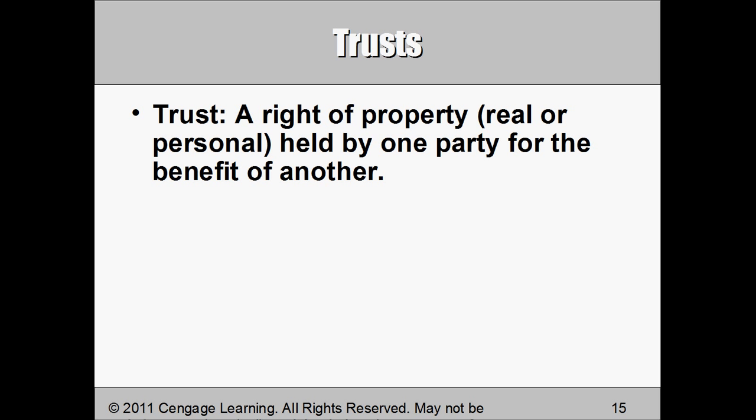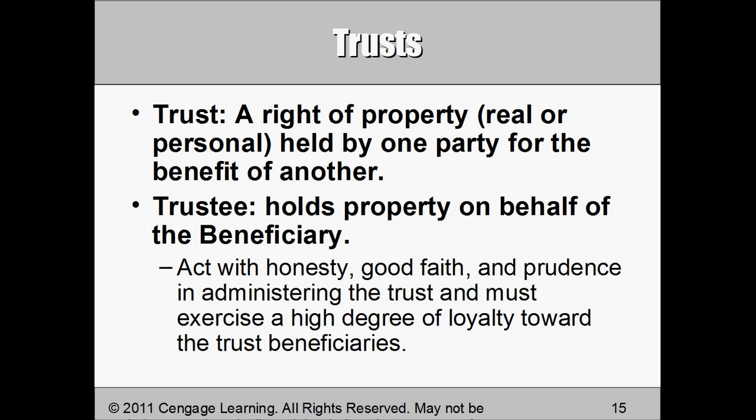And a trust can be utilized to attempt to avoid paying a lot of taxes and probate, and to basically shelter the property from others that might attempt to get access to the property. And so we talked before about corporations, and it's kind of like a way to protect the assets that are passed down. And the trustee holds the property on behalf of the beneficiary.